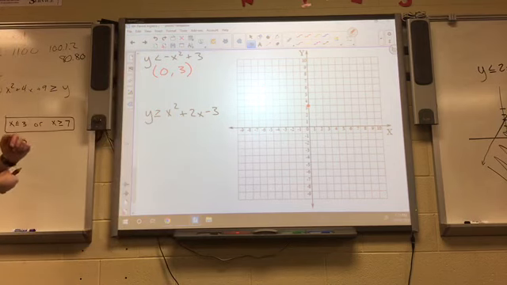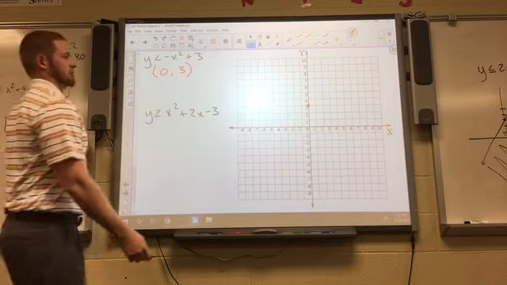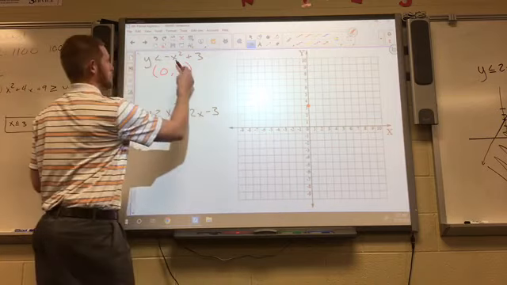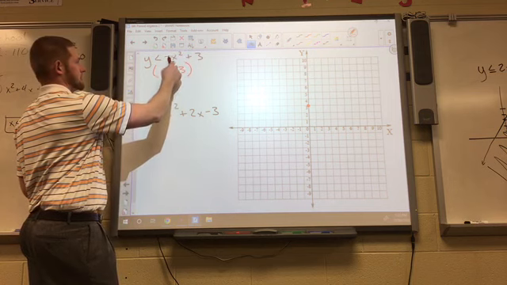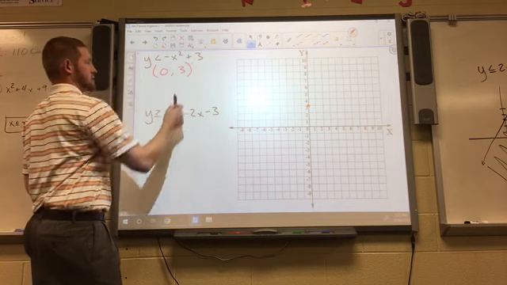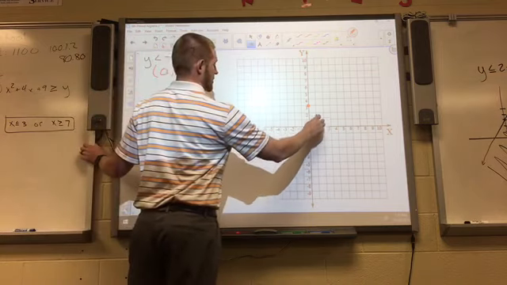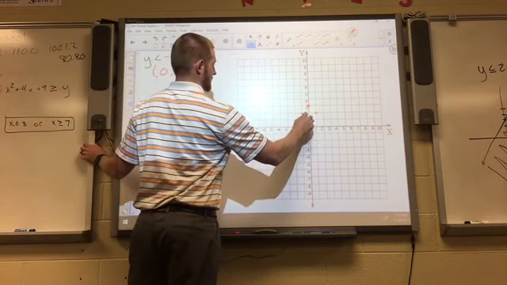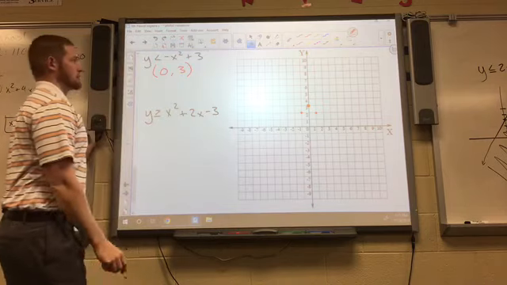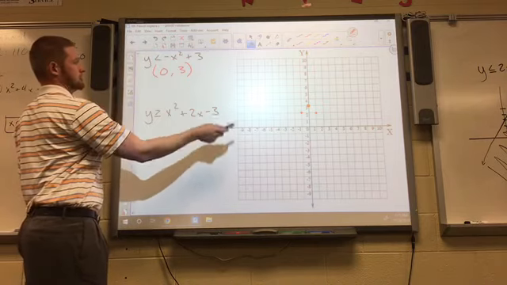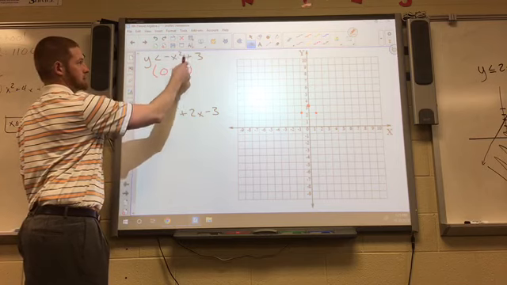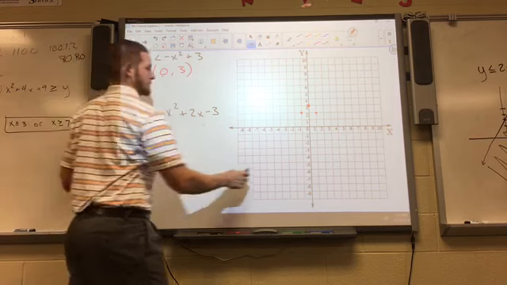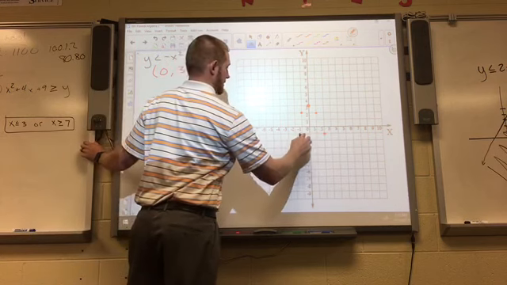To find more points, I need to plug in some other x value. So I plug in 1. 1 squared is 1 times a negative, negative 1 plus 3, 2. So at 1, I'm at 2, and I can just reflect that. At 2, 2 squared is 4, so a negative 4 plus 3, negative 1. And I can just reflect that.